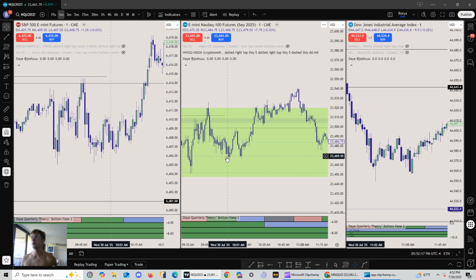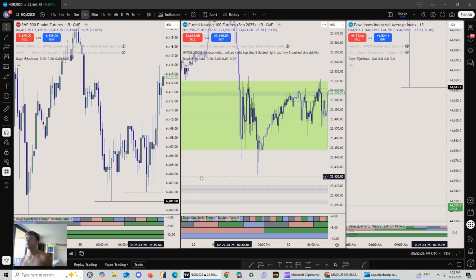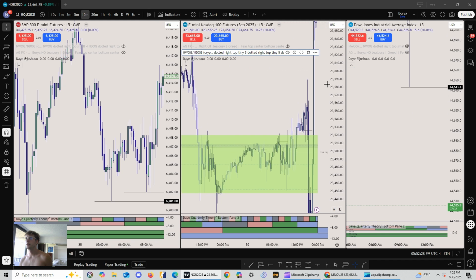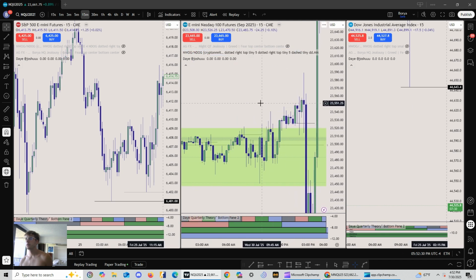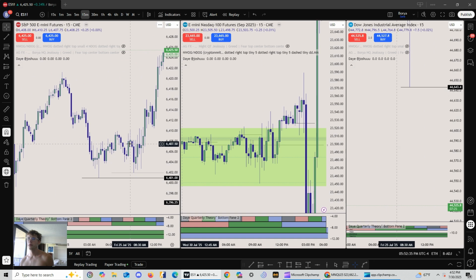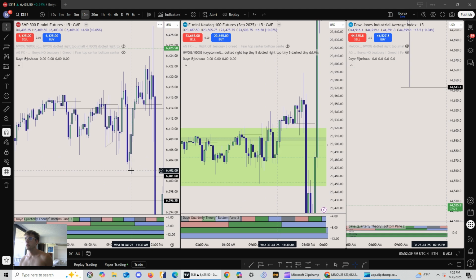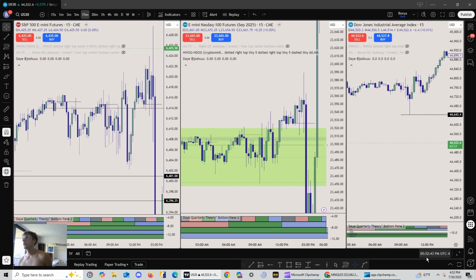There was a Q2, Q3 micro with the daily cycle at the lows. The micro confirmed the daily, and then there was a PSP as well. The low, that's not nothing.